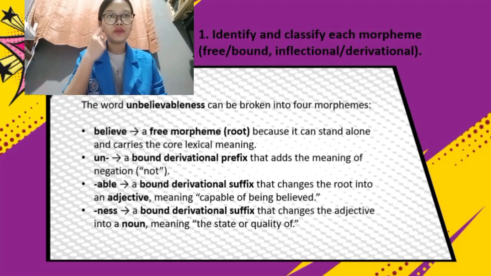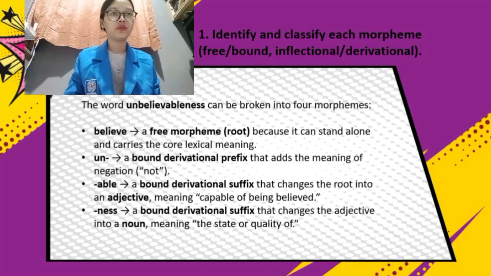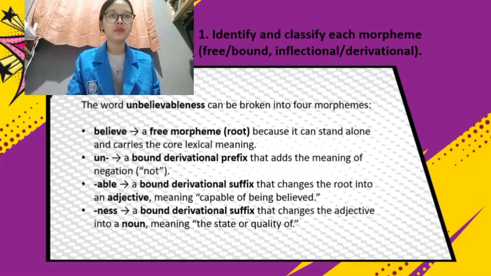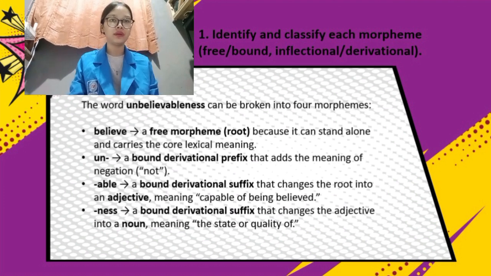Number one. Identify and classify each morpheme, free or bound, inflectional or derivational. The word unbelievableness can be broken into four morphemes. Believe, a free morpheme root because it can stand alone and carries the core lexical meaning.